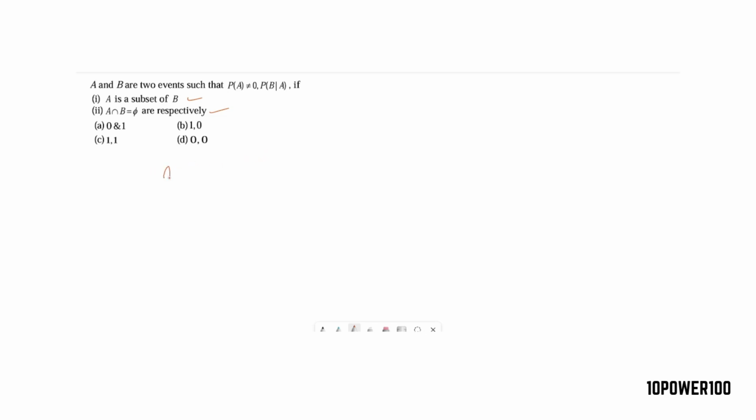So let us consider set A is equal to 1 comma 2 and B is equal to 1, 2, 3, 4.